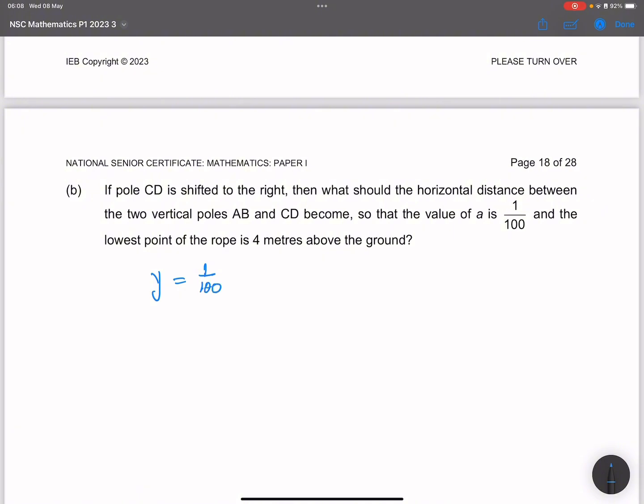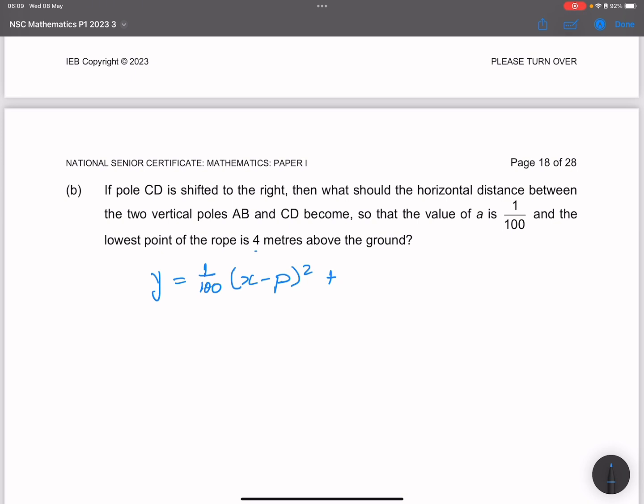But now we've shifted the horizontal distance. So in that case, I'm not sure if our turning point will still be at the same point. So I'm just going to say y equals a(x minus p) squared plus q, and they said my q value is 4.